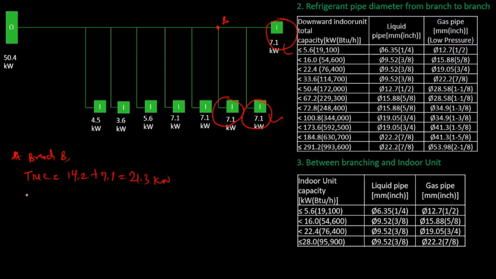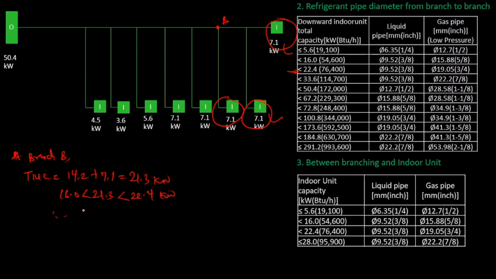And we know that 21.3 kilowatts is between 16 and 22.4. So we're going to choose this row. So 16.0 is less than 21.3, which is less than 22.4 kilowatts.